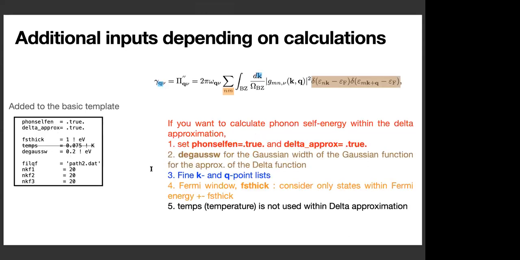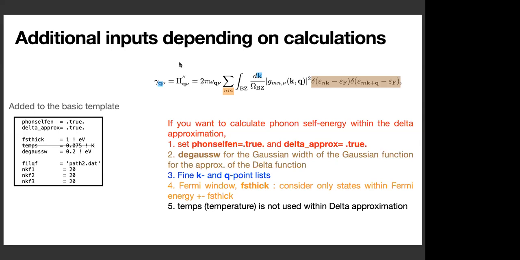And the next example, for example, if we want to calculate the phonon self-energy within the delta approximation, in this case, with respect to the previous basic template, you just need to set phonon self-energy to true, and also you need to set delta approx to true.